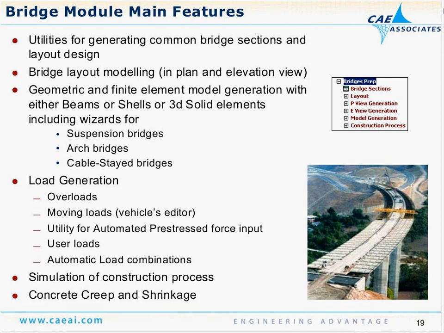So for instance, if I'm designing for the bending moment in the column, which particular combination of loads is going to create the highest bending moment at that particular location?